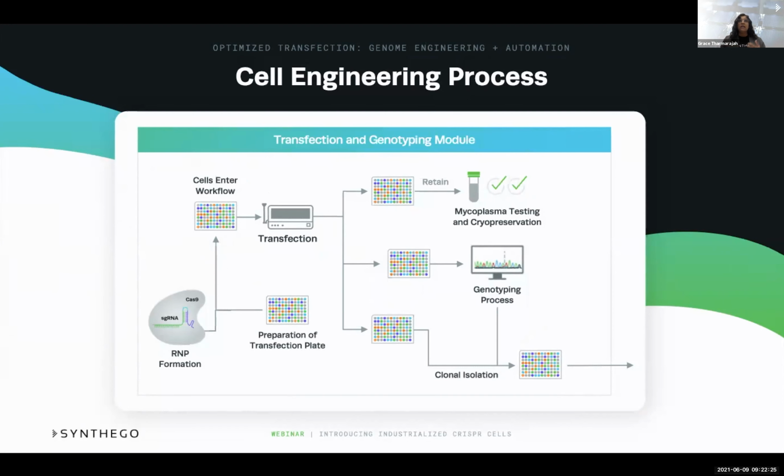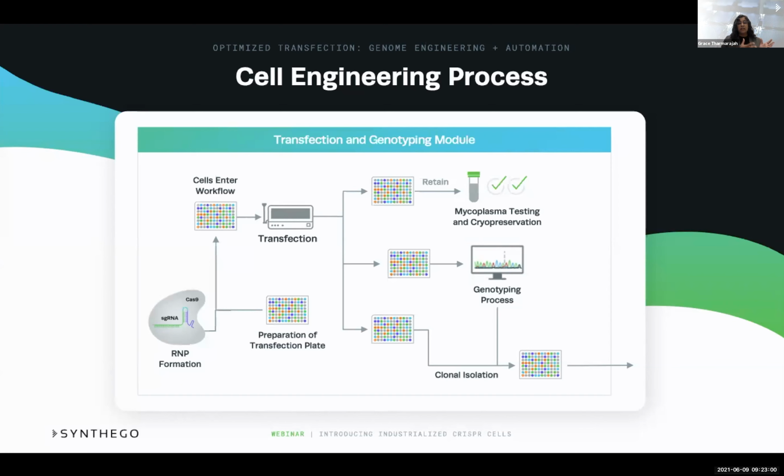If you follow me at the top, at the same time that we move on to the clonal isolation workflow, which is at the bottom, we're also able to generate cells to confirm genotype, as well as generate the retains and carry out some QC testing that will make up the final product as the cells make their way through the platform.